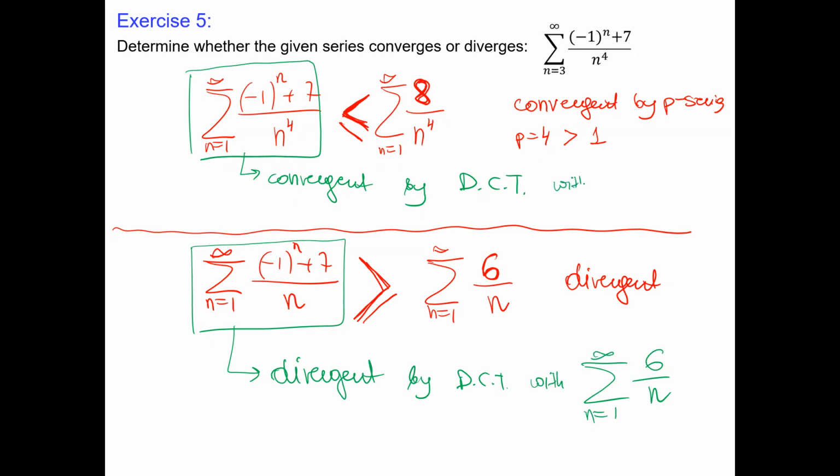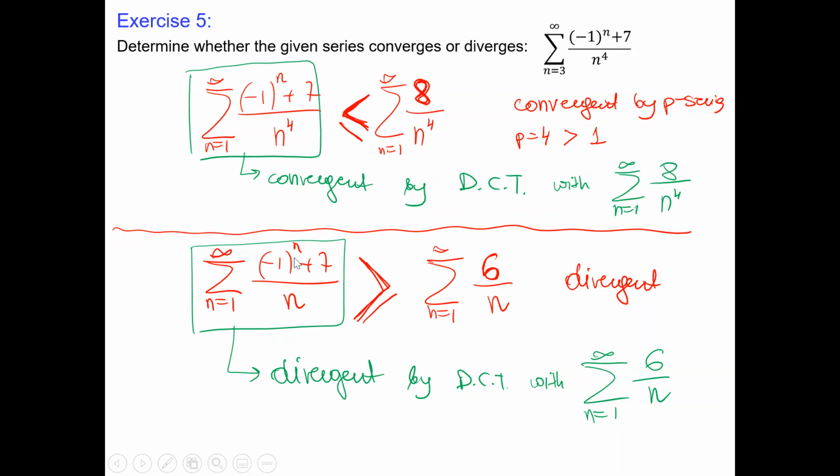This one we're comparing with 8 over n to the power of 4, a p-series, because 8 is the maximum value of this, 1 plus 7, everything else is smaller. We're not touching the denominator, we're just looking at the numerator. Now 6, let me just clarify. 6 is the lowest value.